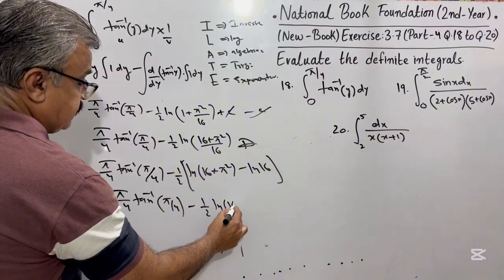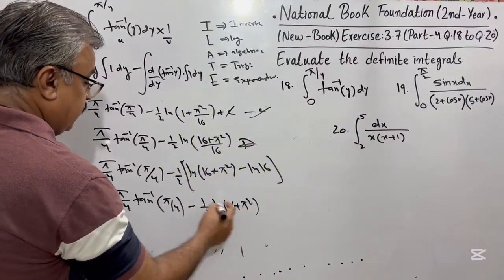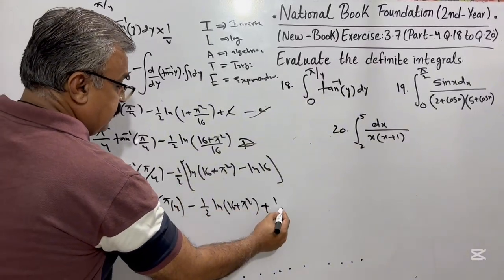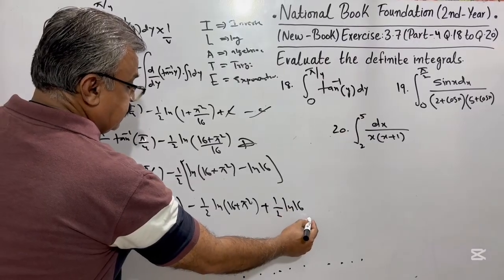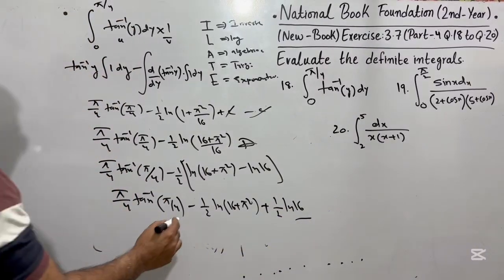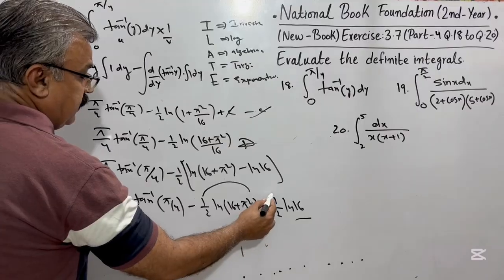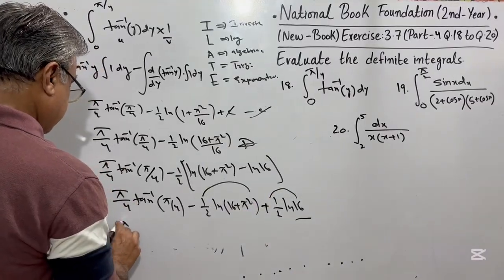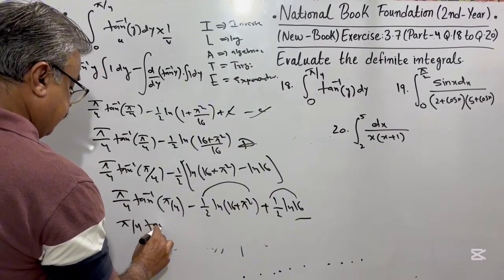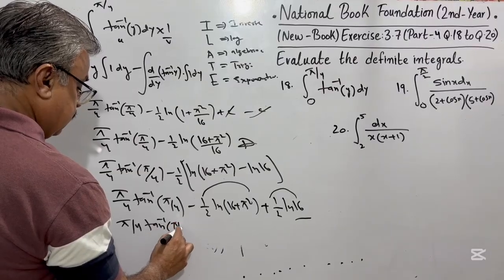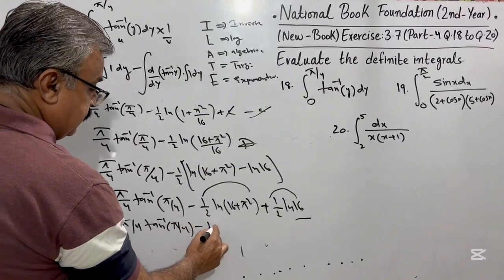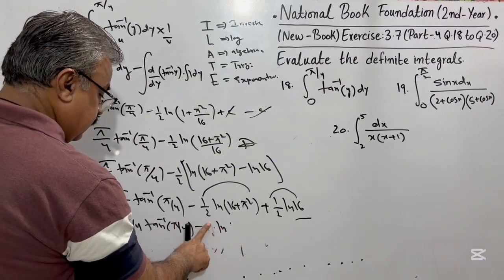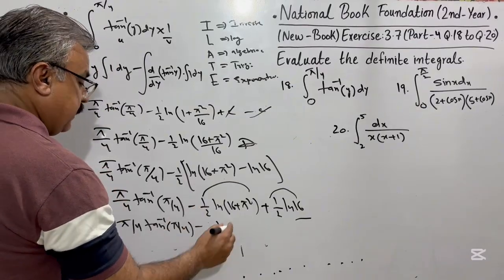ln of 16 plus pi square, minus 1 over 2 ln 16, leave it here, or one can switch the 1 upon 2. It can also be written as pi over 4 tan inverse of pi over 4 minus... sorry, this coefficient can become a power.